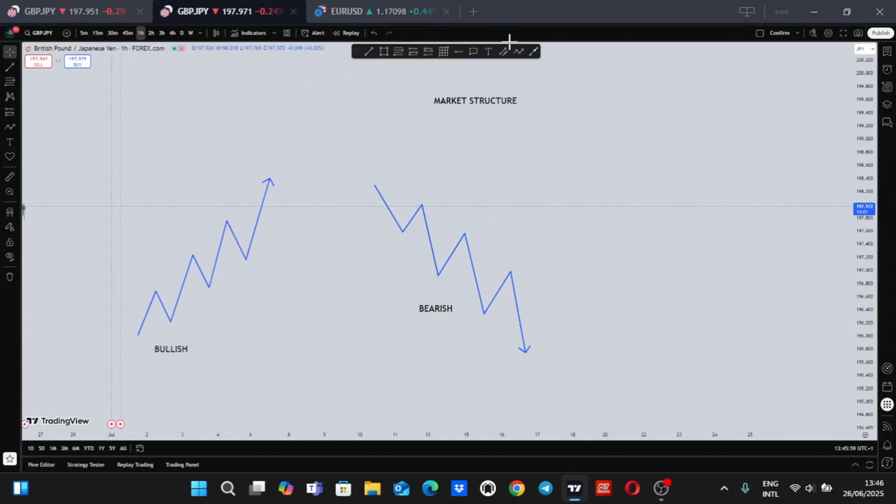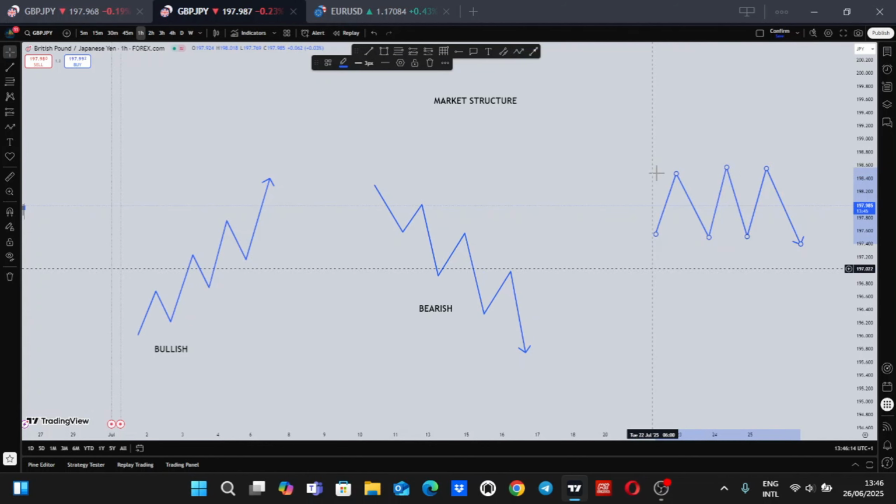Also, if you see the market moving like this, I call it a sideways market, also known as a consolidating market or ranging market. Just know that the market is undergoing consolidation at the moment.